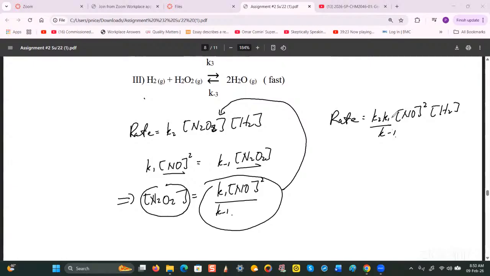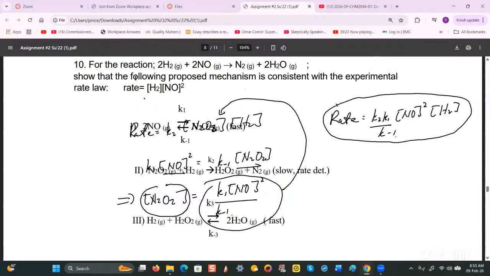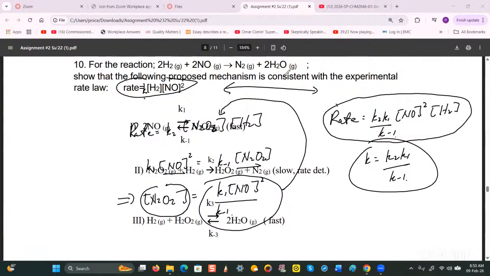If you look at this equation, let me scroll back up, it's pretty much the same as this equation here. Remember I said that you should have a K right here? So basically these two equations are the same thing, where K is equal to K2 K1 over K minus 1.